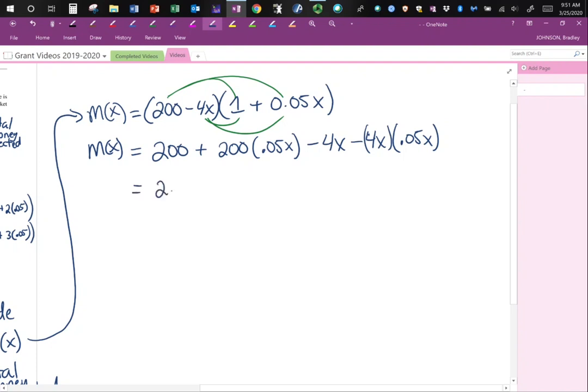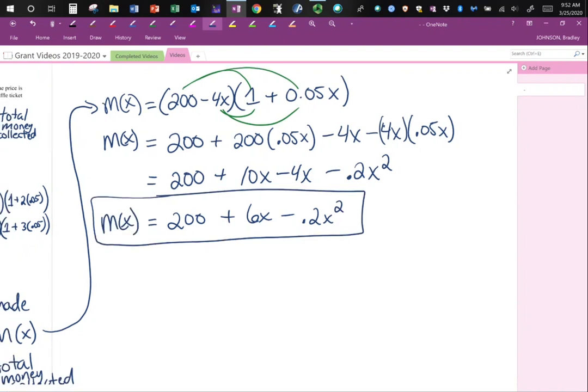So if we clean that up, this will be 200. 200 times 0.05 gives you 10x minus 4x. And then 4 times 0.05, that'll give you minus 0.2. And then x times x would give you an x squared. So we also would have 10x and 4x come together as a 6x minus 0.2x squared.